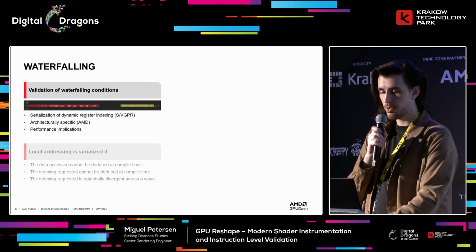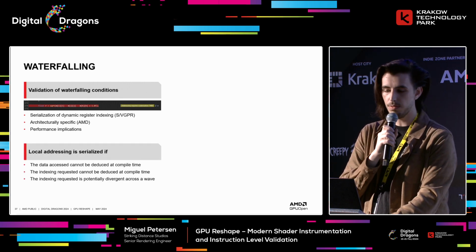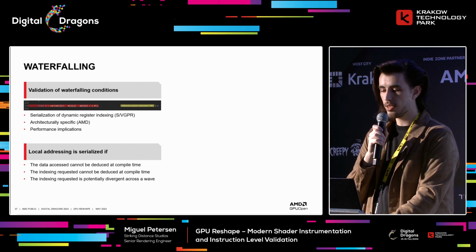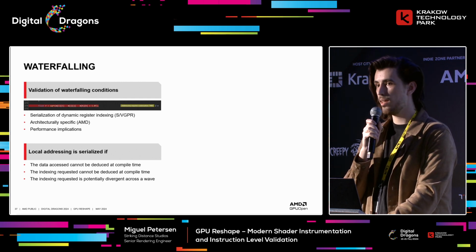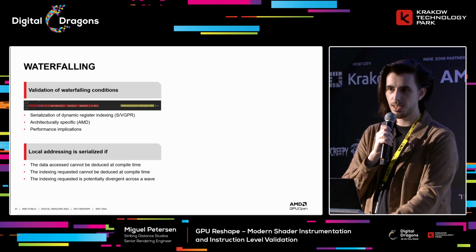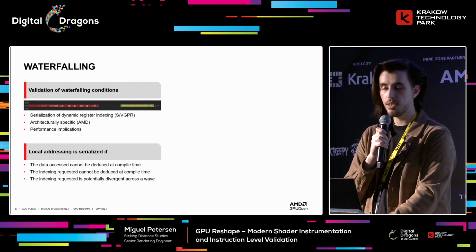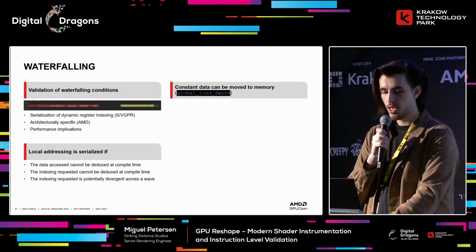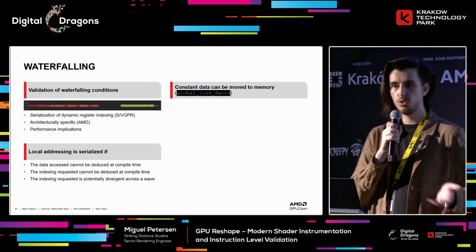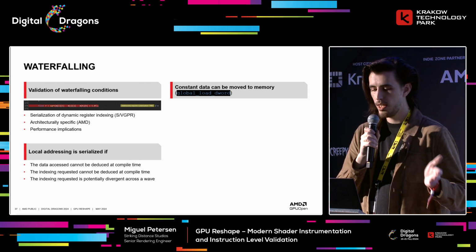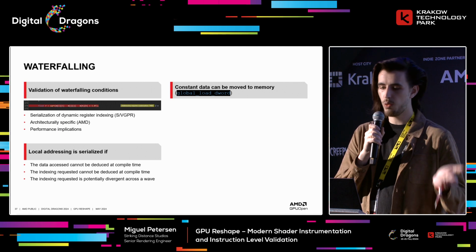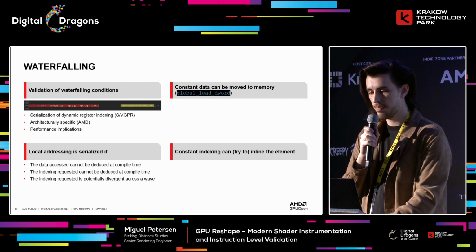Typically, if neither the data accessed, such as a VGPR array, nor the indexing into said data can be deduced at compile time, and the index is potentially divergent across a wave, we need to serialize the addressing. If the data is constant, we can move it to global memory. The compiler does this for you. And if the indexing is constant, we can try to inline the element.